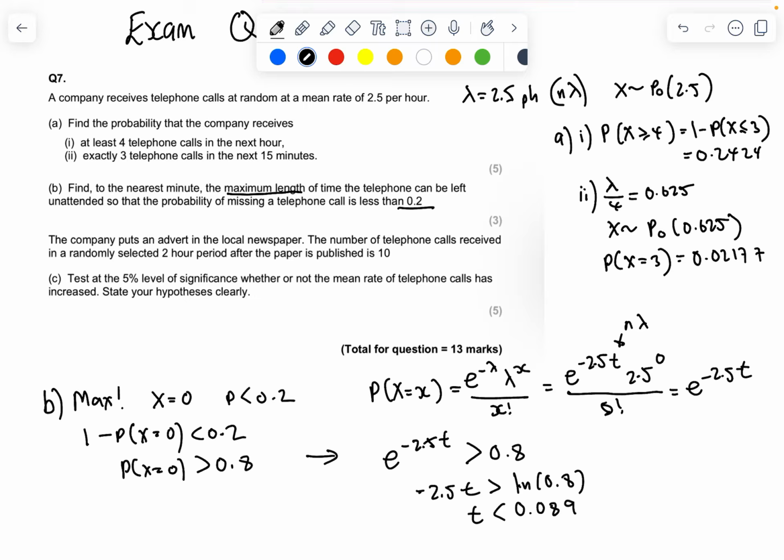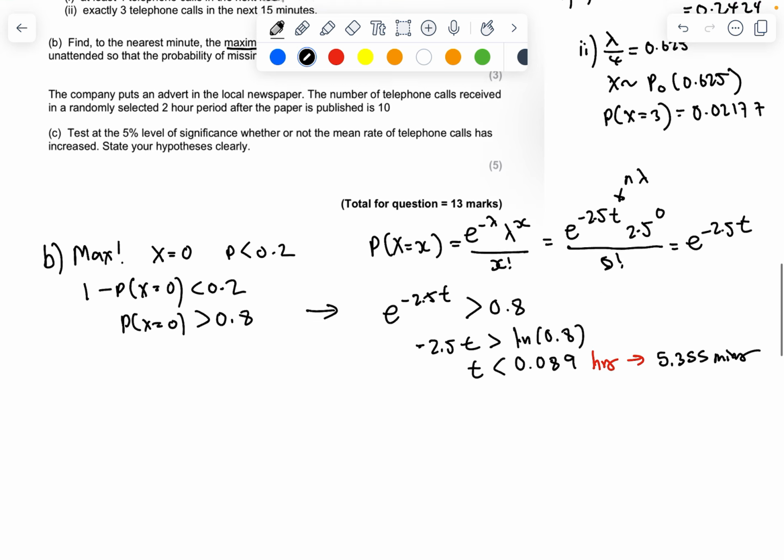And remember, this is the important part. This is in hours. So if we turn that into minutes, that is 5.355 minutes. And therefore, t is less than or equal to 5, as that's the nearest minute.